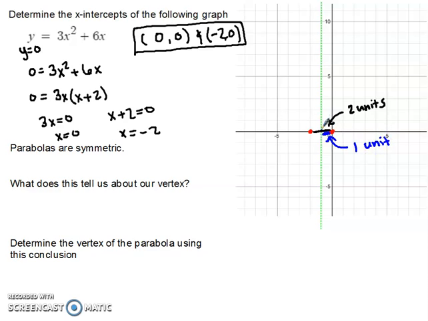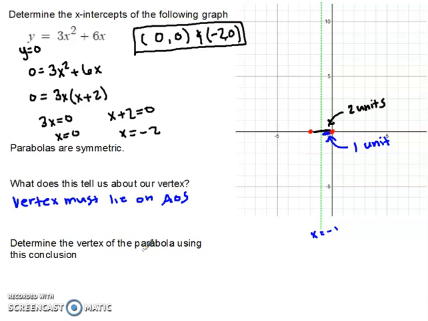So that tells me that my parabola has a vertex somewhere with an x value of negative 1. So since parabolas are symmetric, that tells us that our vertex must lie on the axis of symmetry. Because everything is the same on the left and the right, our vertex must lie somewhere on that green line.